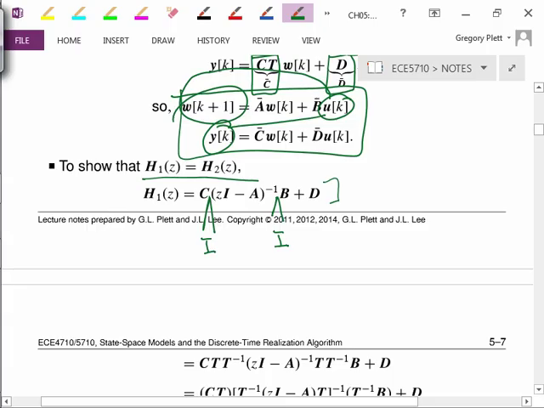Identity doesn't change anything, so I'm welcome to do that. And the form of identity that I choose to use is T times T inverse. Remember, we said T was required to have an inverse, so I can do this. So that's what we do there.